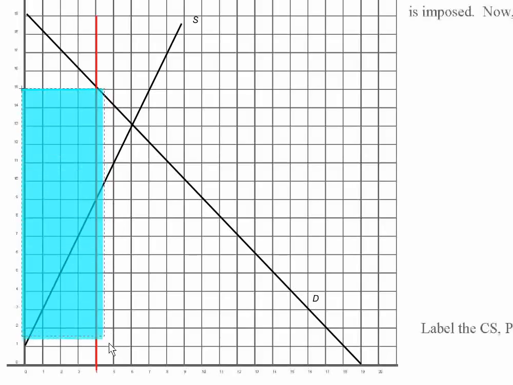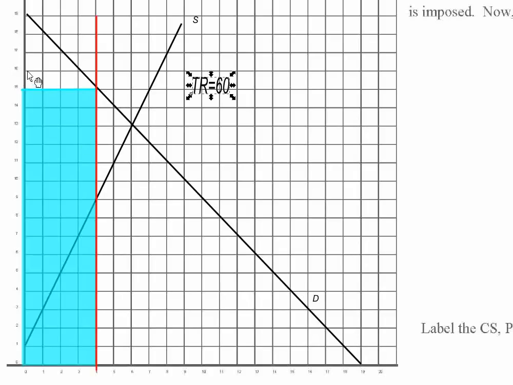I'll color this whole total revenue box blue, and it's transparent so that you can see behind it the components that will go into total revenue. That total revenue is going to be 4 units times 15, or $60. So total revenue is 4 times 15, or 60. Let me make that a little bit bigger here.